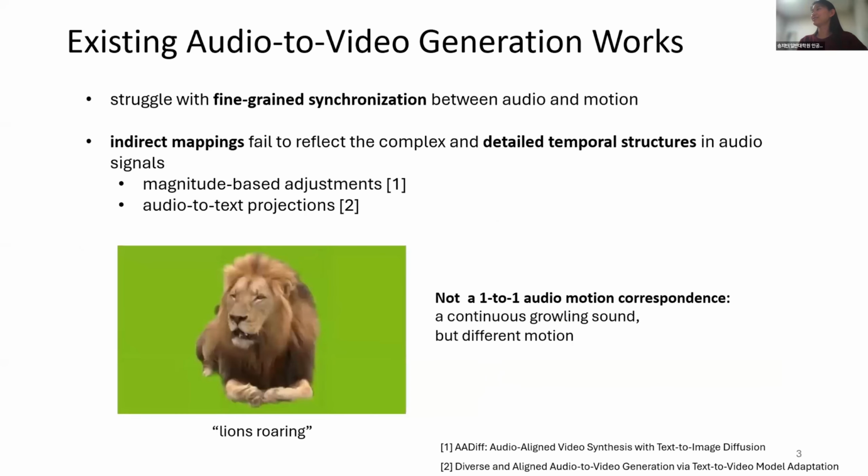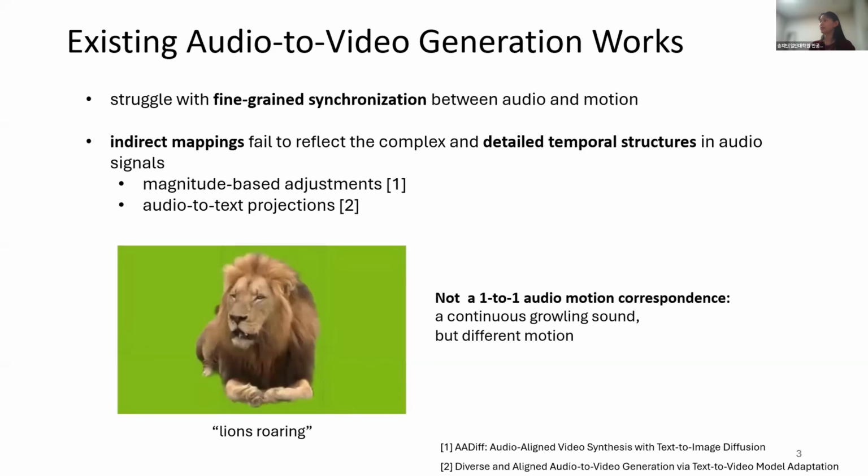But existing audio to video generation works have some problems. They struggle with fine-grained synchronization between audio and motion. That's because the indirect mappings fail to reflect the complex and detailed temporal structure in audio signals, such as magnitude-based adjustment and audio-to-text projection.